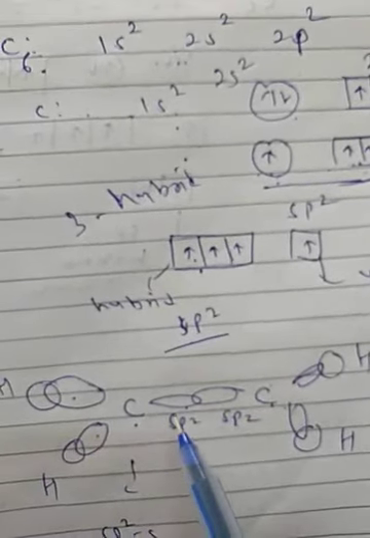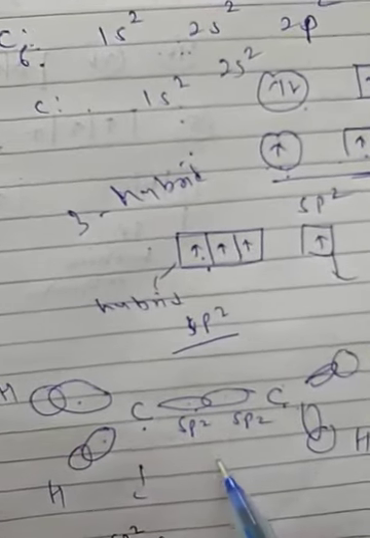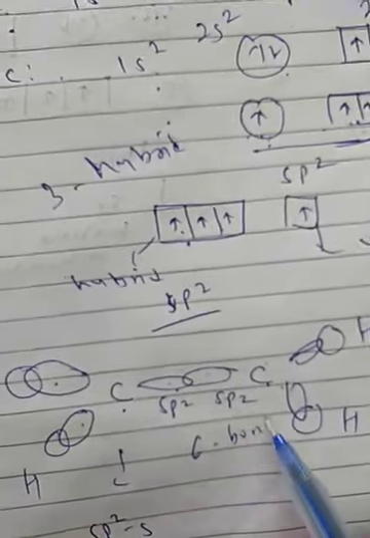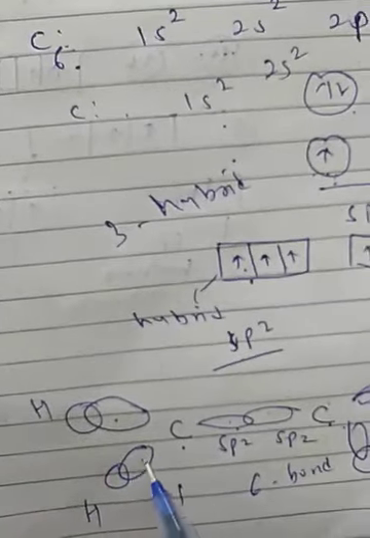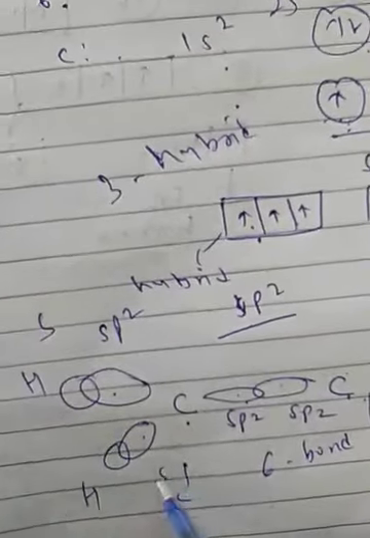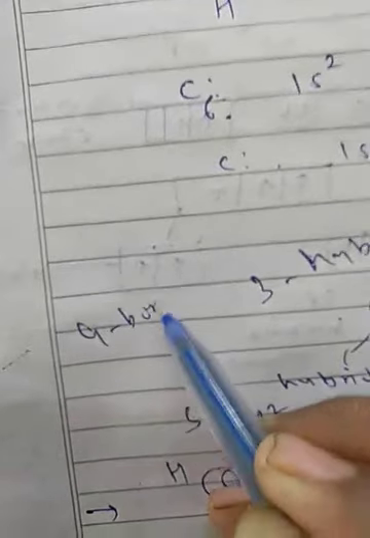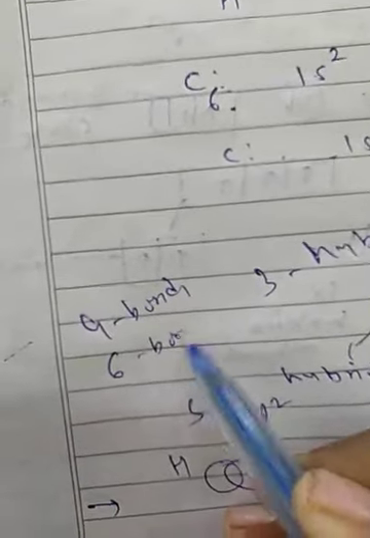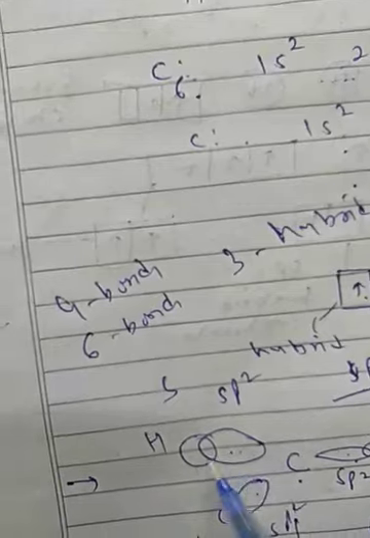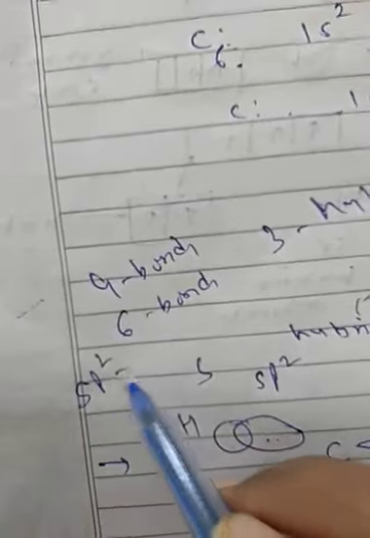So carbon and carbon overlapping of sp2 results into the sigma bond. This carbon sp2 with s, this sp2 and this one is s, so four sigma bonds, that is sp2 and s overlapping, two from this side, two to that side, and this results into the sigma bond.